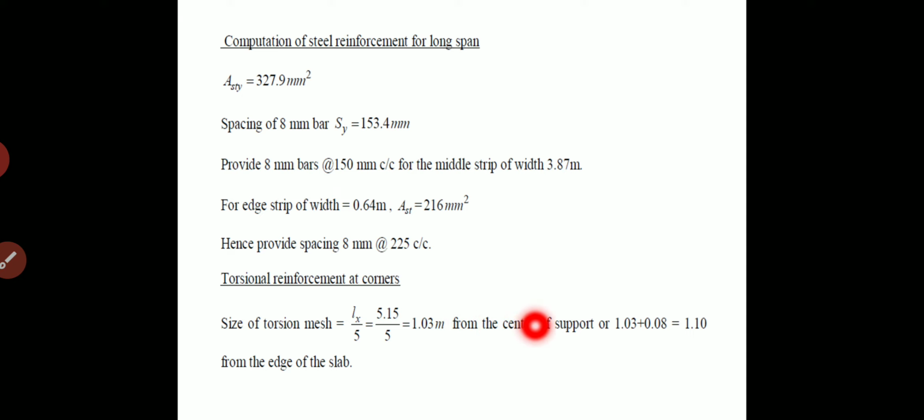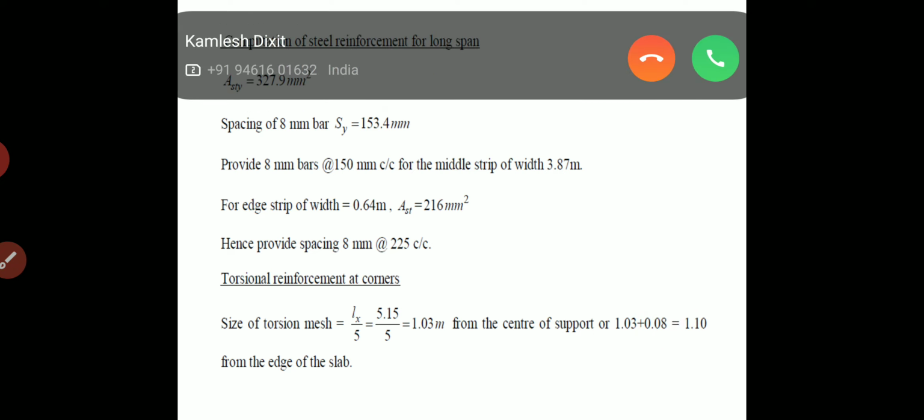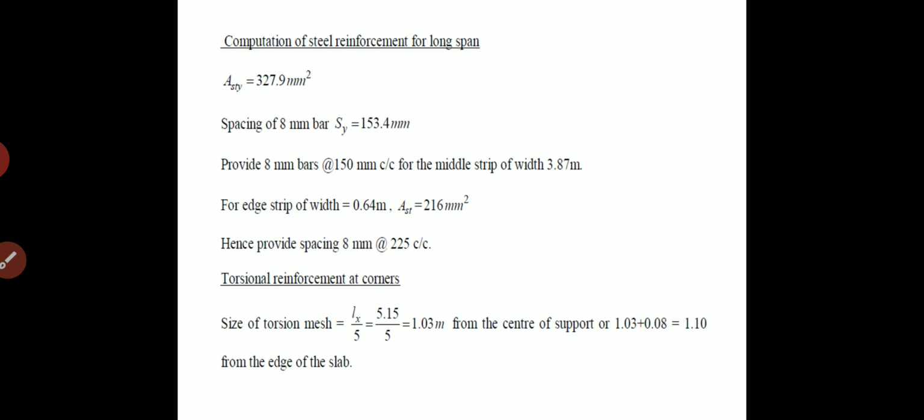We can also write this as 1.03 plus 0.008, which is the diameter of the bar, equal to 1.10 from the edge of the slab.